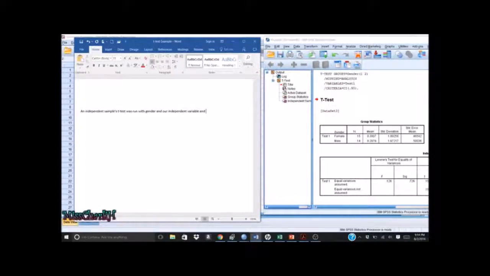With gender as our independent variable and test 1 scores as our dependent variable.